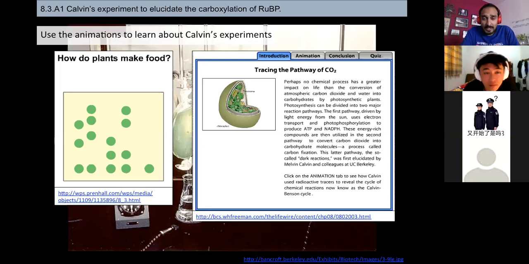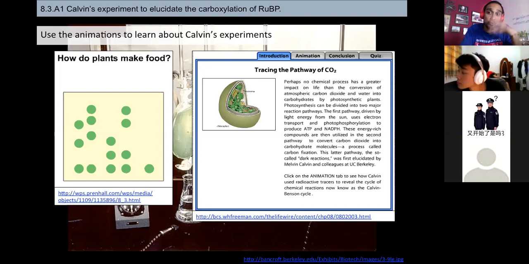So what they want you to know is, how did Calvin discover or think that there was a cycle going on? One of the ways he did that was trying to trace the different organic compounds that were formed in the stroma throughout the cycle.